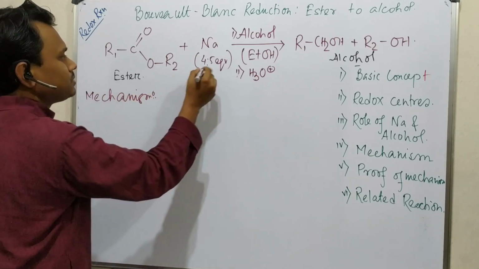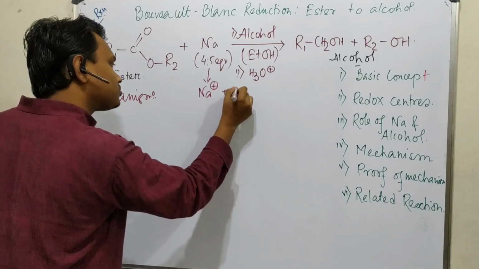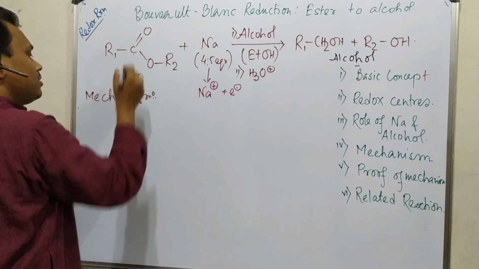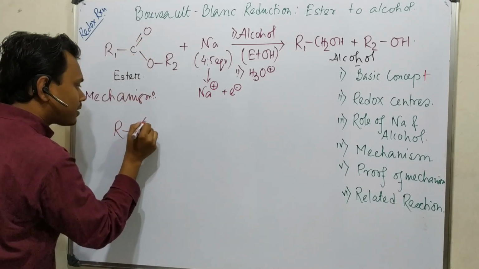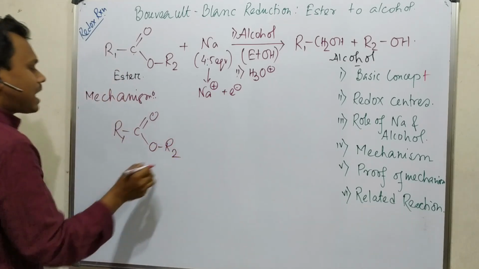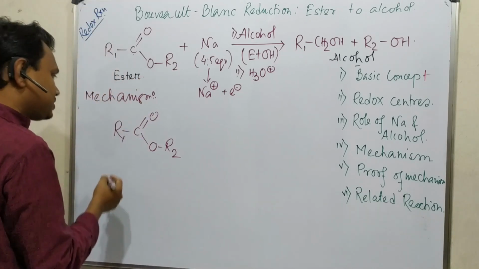Mechanism, in the first step, sodium is converted to sodium plus and an electron, and that electron actually attacks this carbon. Why? Because we know this ester, this R1 and R2 different, you can take same for generalization. I have taken this.